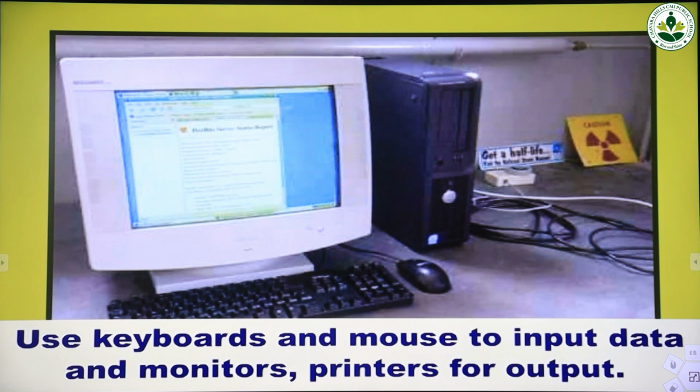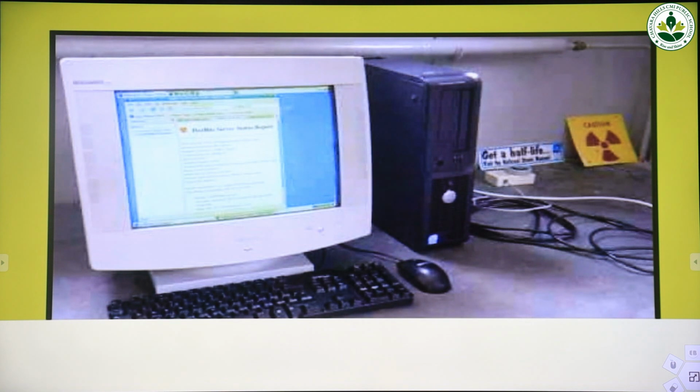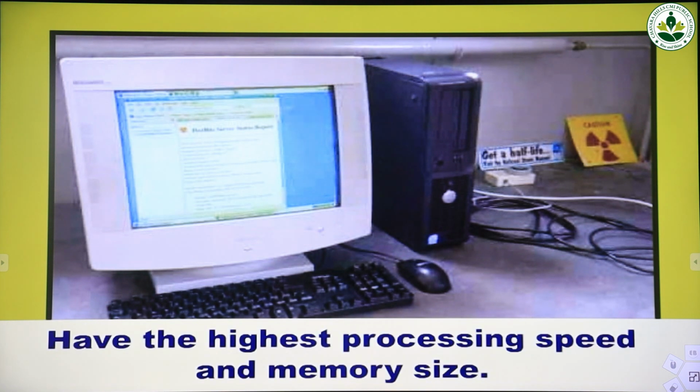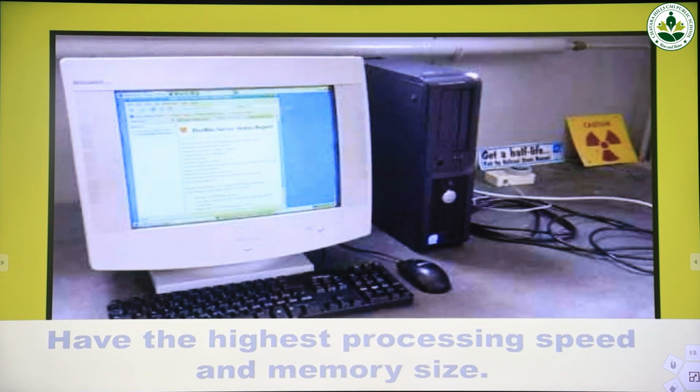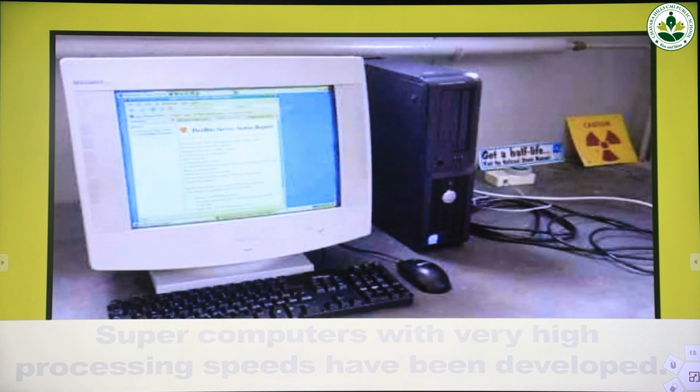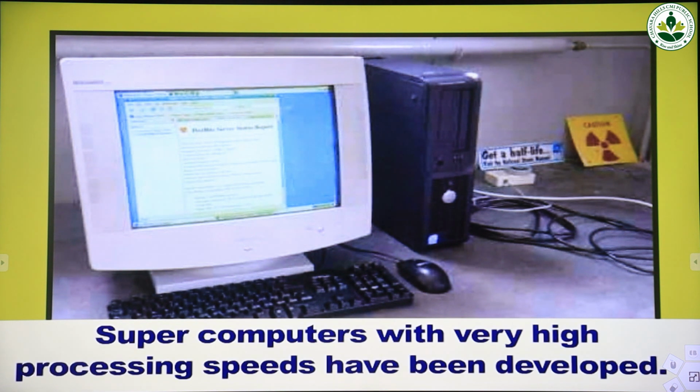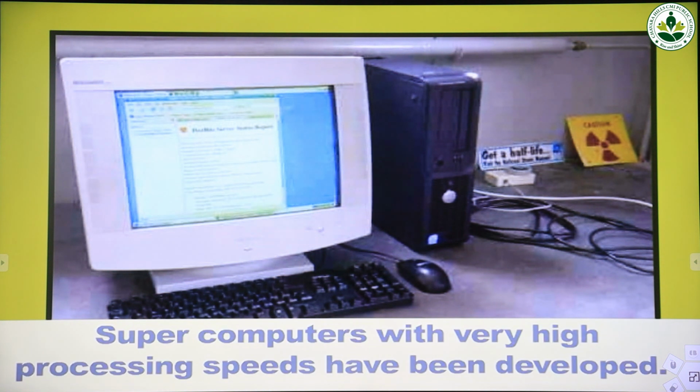D. They use keyboards, mouse and various other devices to input data, and monitors, printers, and other devices for output. E. They have the highest processing speed and memory size among all generations of computers. F. Supercomputers with processing speeds exceeding billions of instructions per second have been developed.